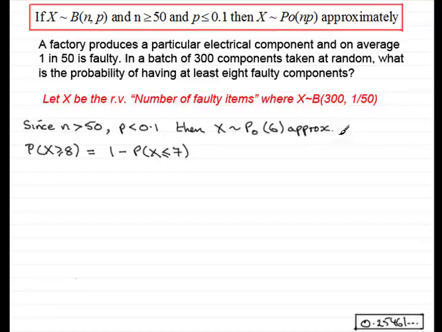So, going back to this, the probability x is more than or equal to 8 equals 1 minus the probability x is less than or equal to 7. We can do this with ease because it's very likely that the mean of 6 is in a set of tables for the cumulative Poisson distribution.